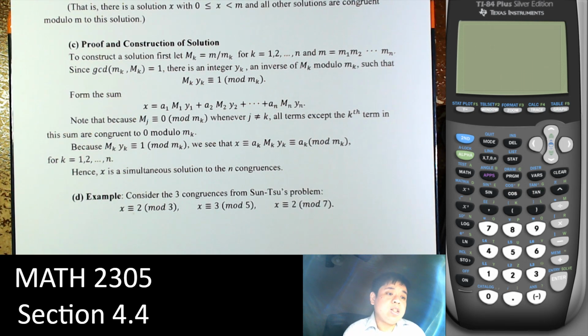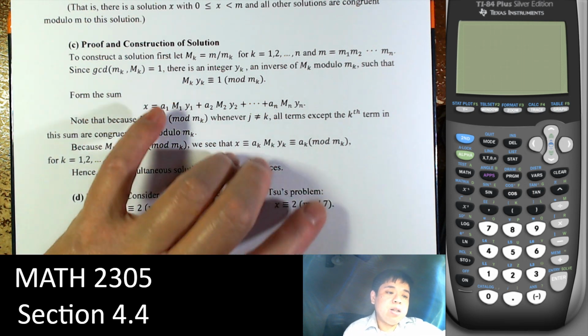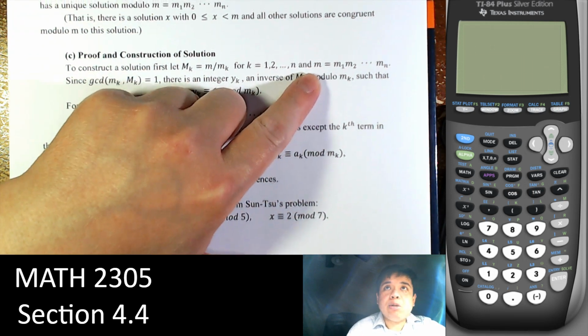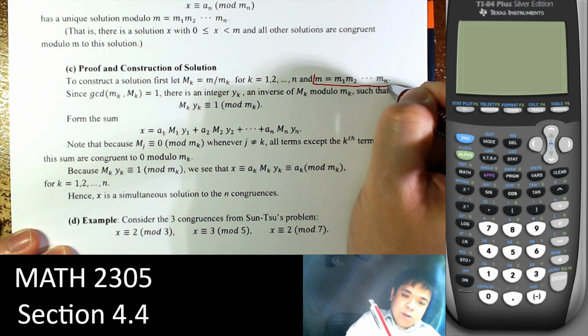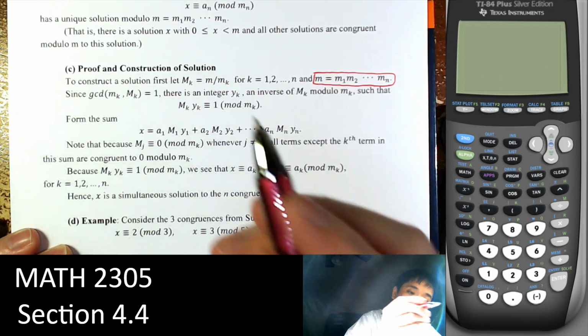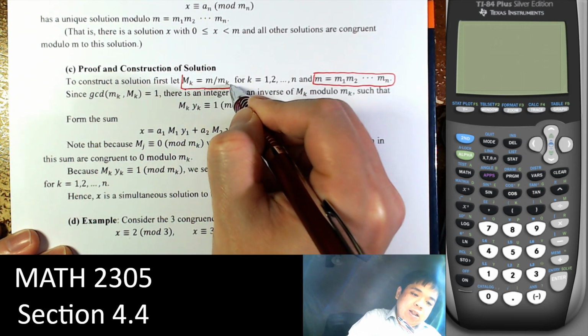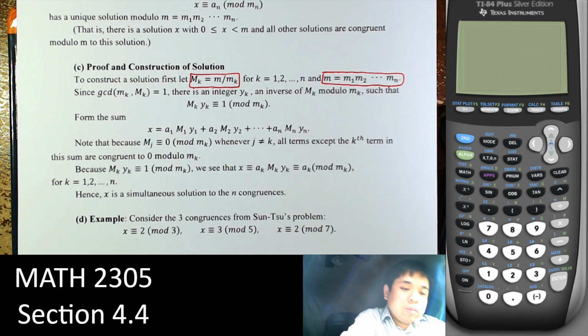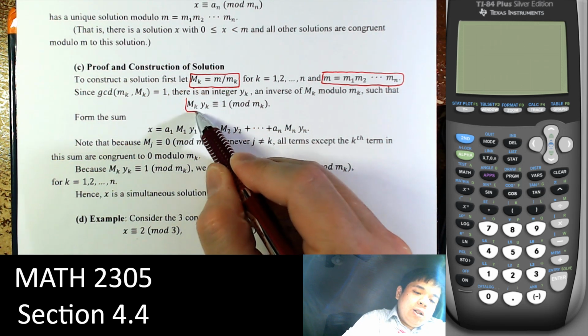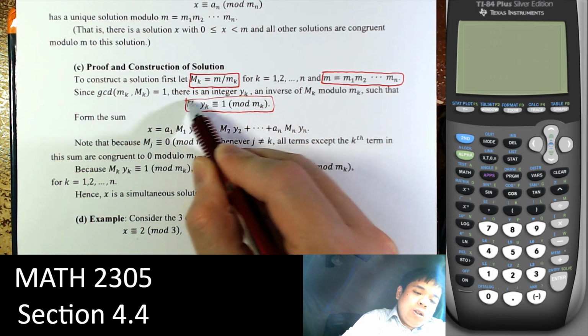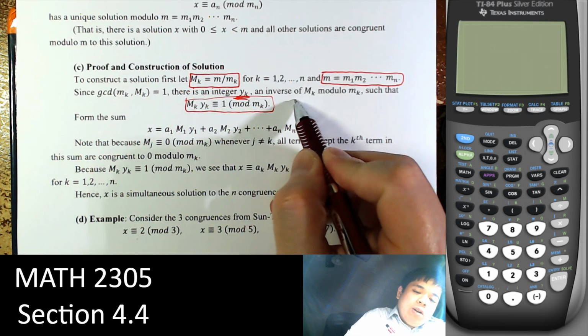Notice that the a1 to an are integers, and it has a unique solution modulo M equal to m1, m2 to mn. So the m's are relatively prime, and x will be a solution congruent modulo M in this case, right? And this is the proof by construction. First we take M as the product of everything, and then we construct the Mk. Right, and after that we will find the inverse yk of Mk.